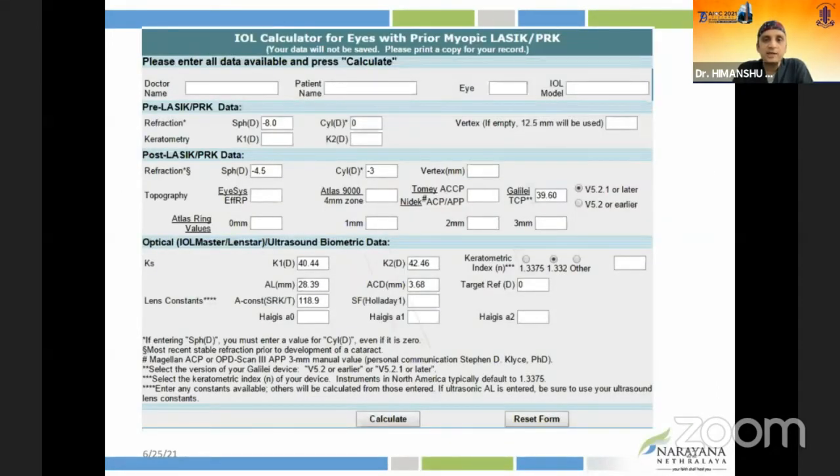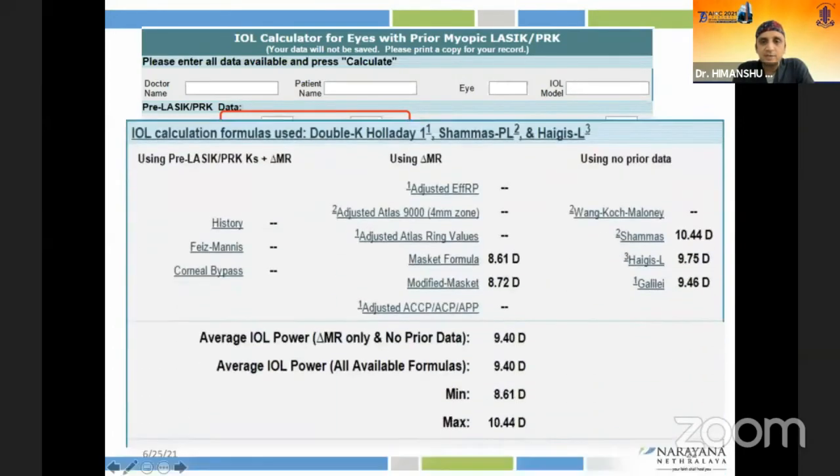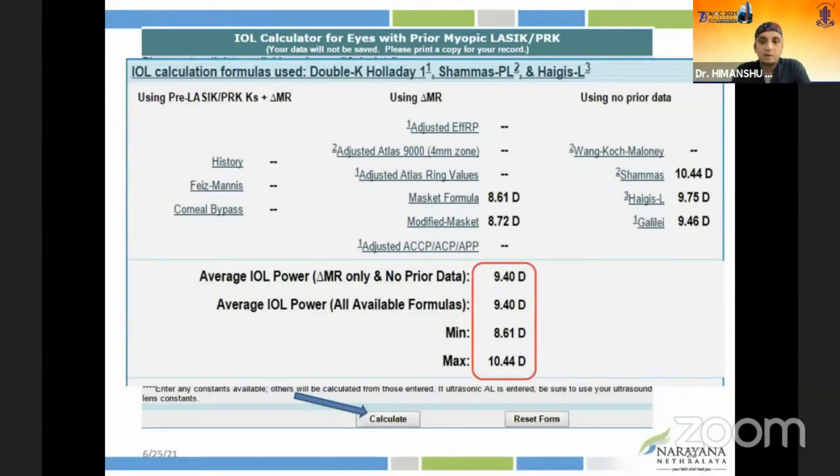Now if we enter the data into the ASCRS calculator, similar to what we did, the total corneal power we measured earlier, we use the data from the keratometry, as well as the historical data, which we enter here. And then if we calculate, we get a power somewhere around 9.5.